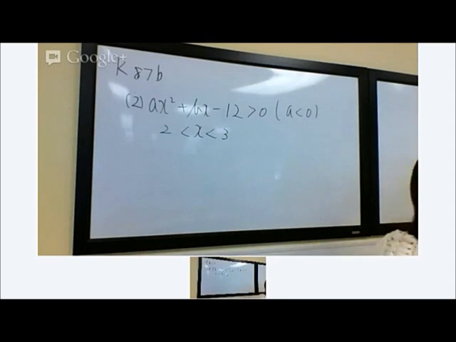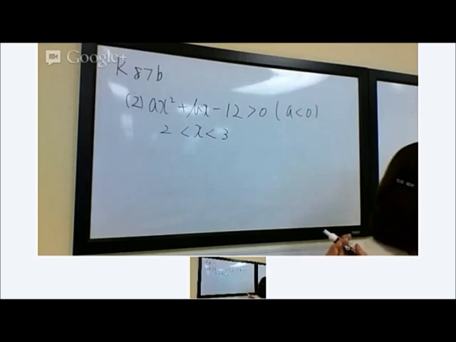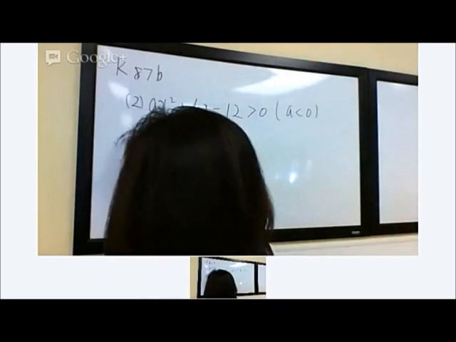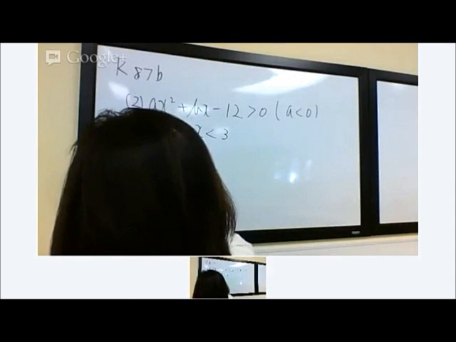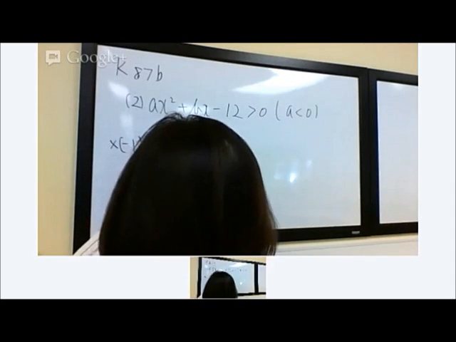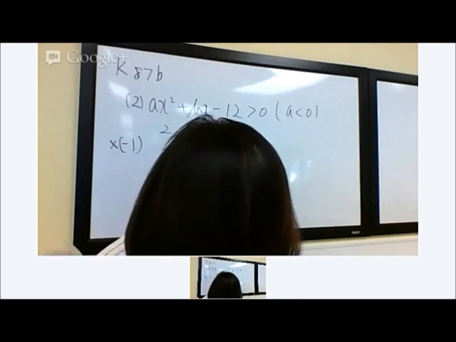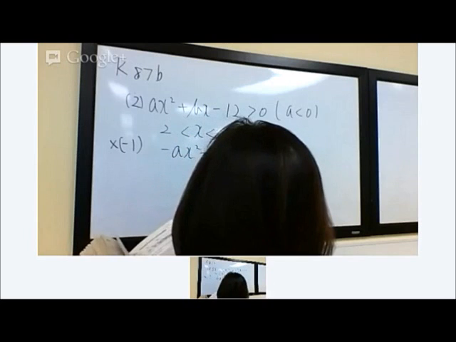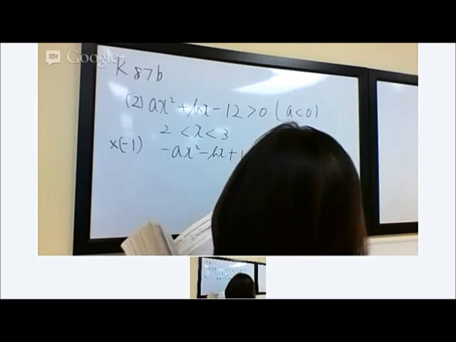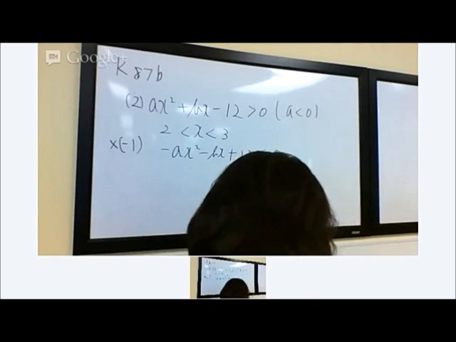Then try to make it positive. How? Multiply by negative 1, to both sides. So negative ax squared minus bx plus 12. Now you can change the sign. Yep. Very good.